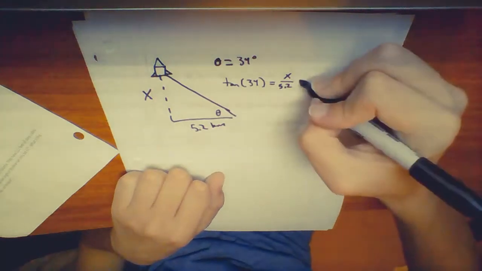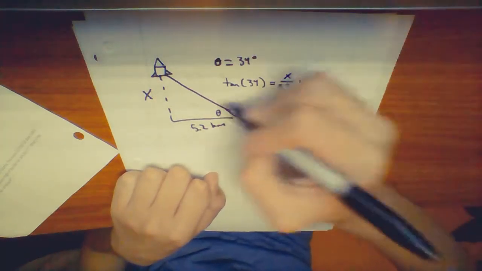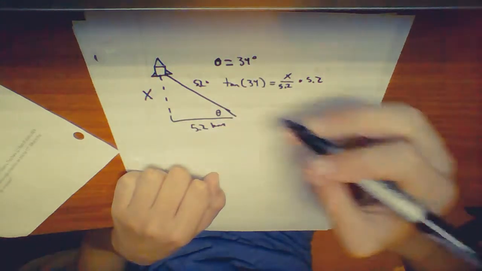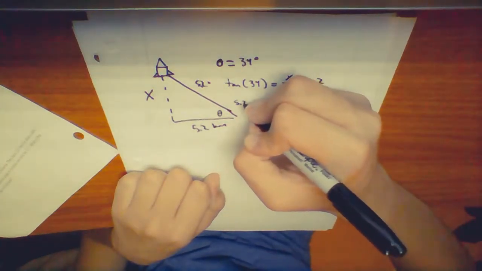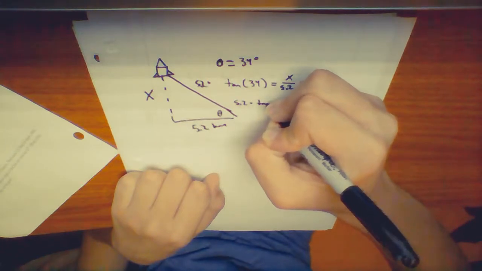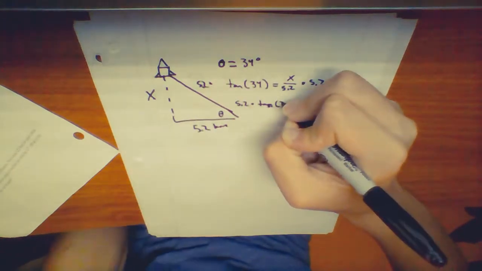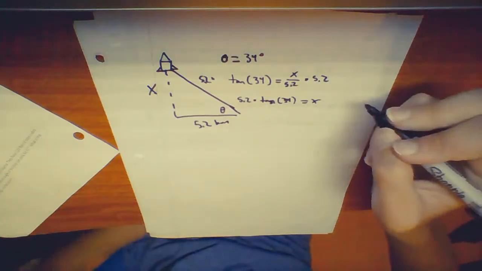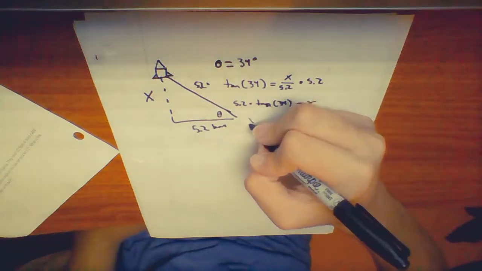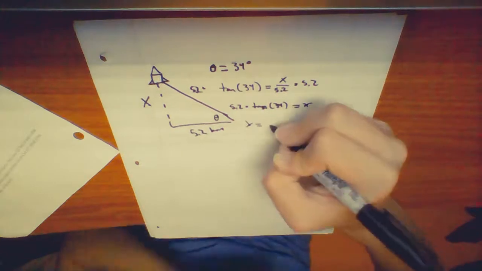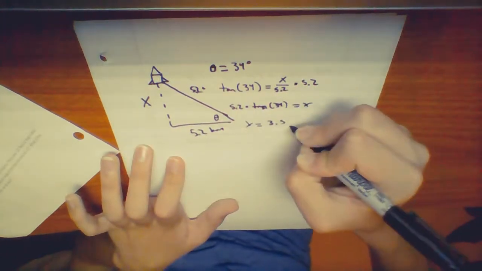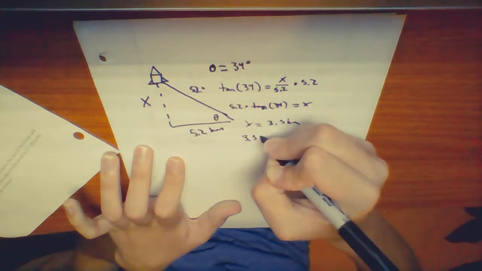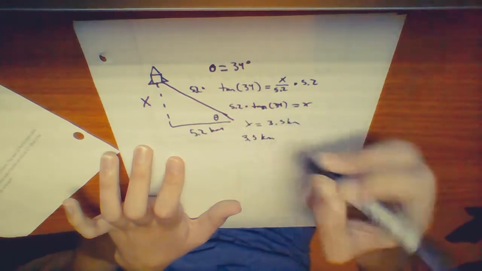To get x by itself, multiply both sides by 5.2, getting 5.2 times tangent 34 equals x. When plugging this into the calculator, we get x equals 3.5 kilometers, making our answer 3.5 kilometers in height.